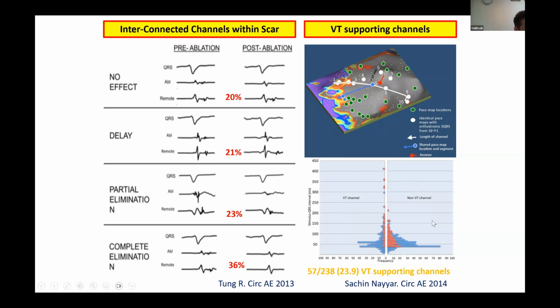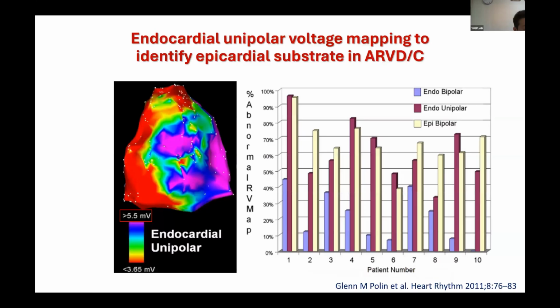Another paper was published from Australia, probably the Sanders group, showing that a lot of the channels are actually not VT responsible. So not every late potential was meaningful.